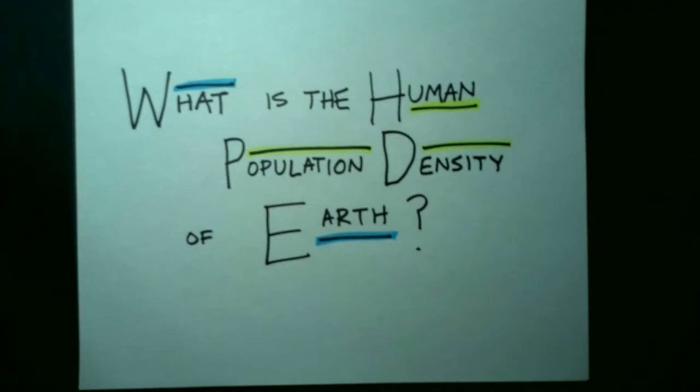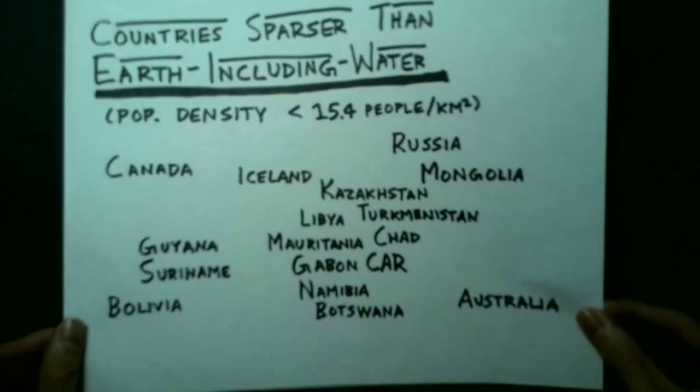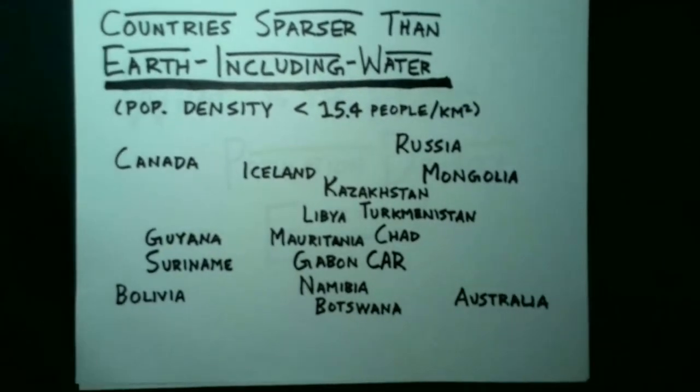What we could use the 15.4 figure for, though, is to view it as a threshold for evaluating an extremely sparsely populated country. Of the countries of the Earth, several dozens have a population density lower than the land area-based density, as one might expect. But there are 17 countries with a population density below 15.4 people per square kilometer.